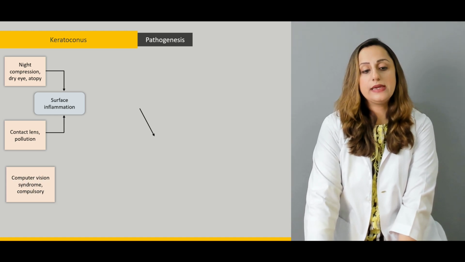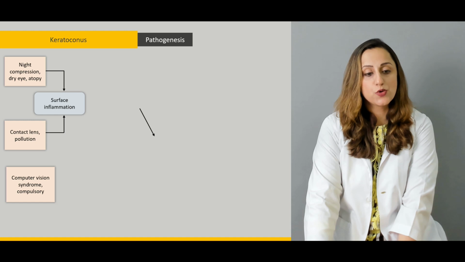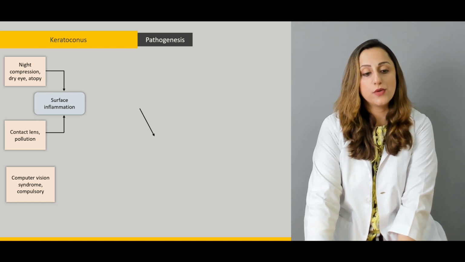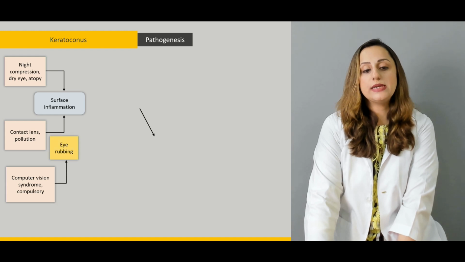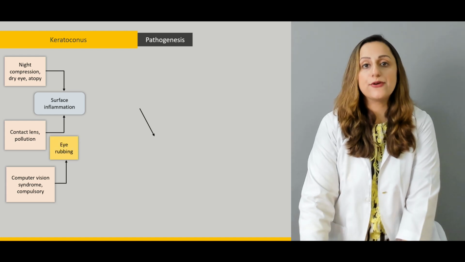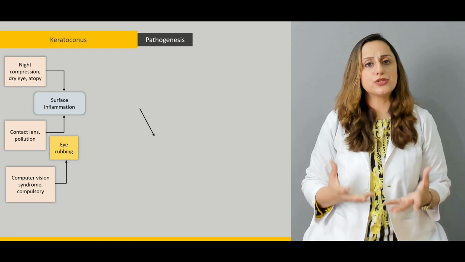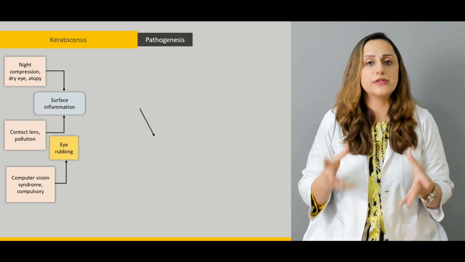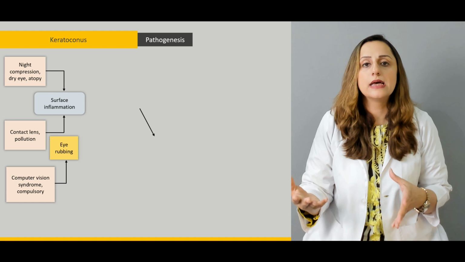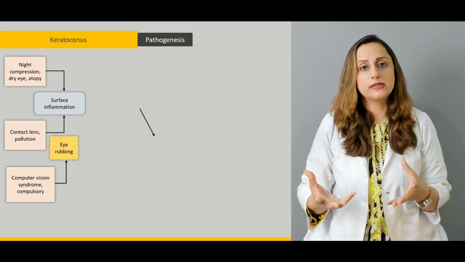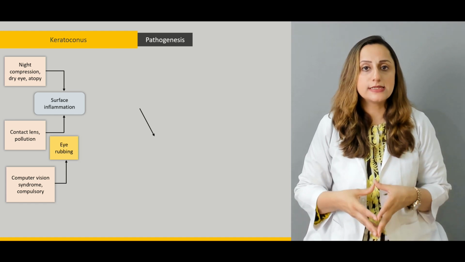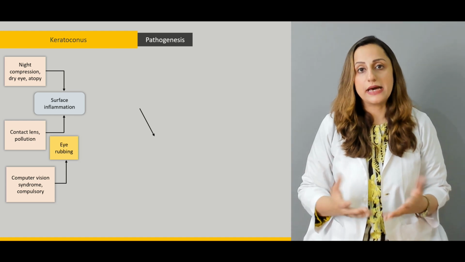Then obviously we have computer vision syndrome, which is a kind of astigmatism that the patient can suffer from. It's quite common and it can result in eye rubbing. There is constant irritation when there is a history of prolonged hours working on laptops or computers. There is a chronic irritation caused in the eyes.